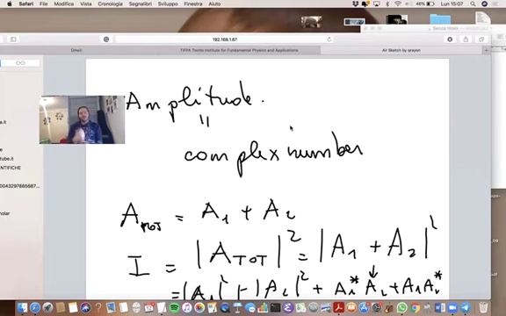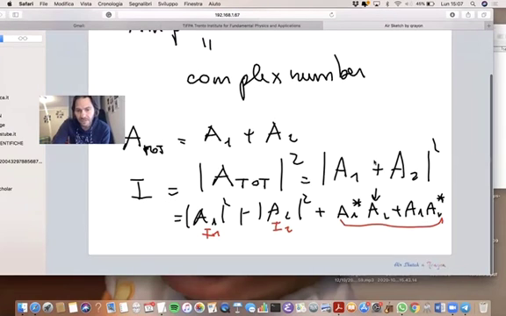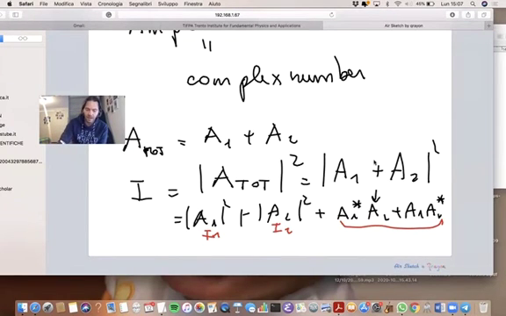These cross terms are responsible for the fact that the total intensity is not just the sum of the two intensities, modulus A1 squared plus modulus A2 squared, but it contains additional terms which provide a difference here. And these additional terms are responsible for interference.